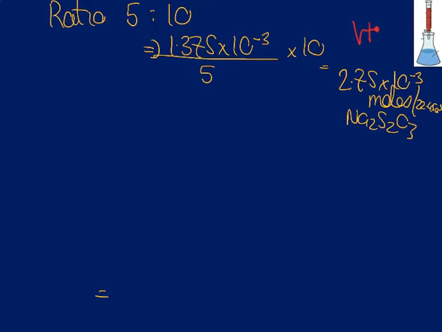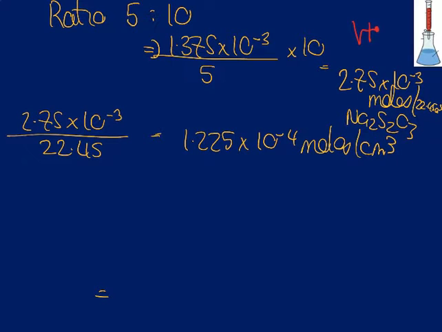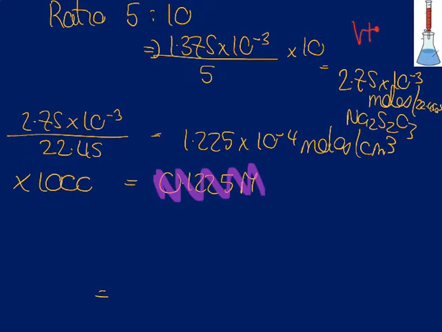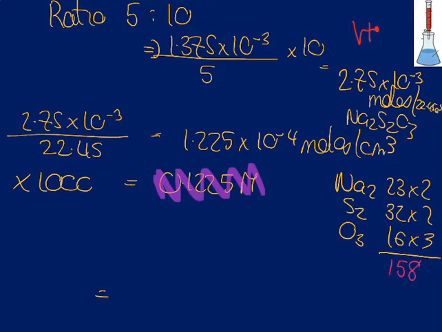We've used our ratio, we're on the right hand side, and we're going to turn the concentration into moles per 1,000. So we divide it by the titer volume and we multiply it by 1,000. So that's giving us 0.1225 big M of sodium thiosulfate. Now it wants us then to turn it into grams per litre.